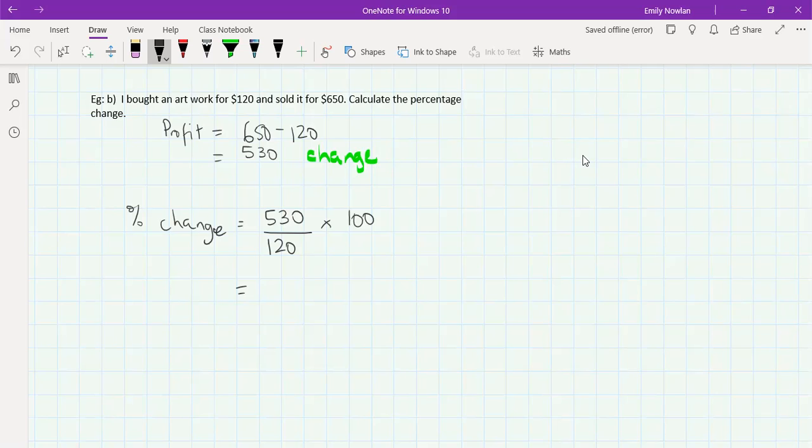So I go 530 divided by 120 times 100, and we get 441.66, it keeps going, recurring percent. So let's change that to a whole number. So it's 442%, rounded to the nearest whole number. So it's gone up. It's a percentage change profit of 442%.